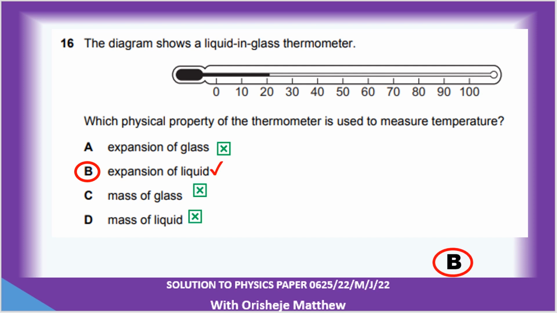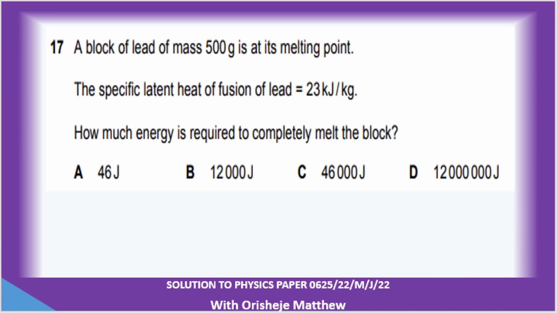Now let's look at question 17. It has to do with latent heat. A block of lead of mass 500 gram is at its melting point. The latent heat of fusion is 223 kilojoule per kg.